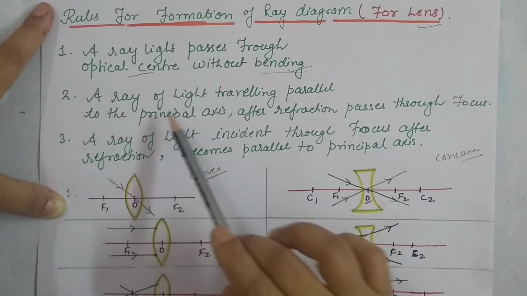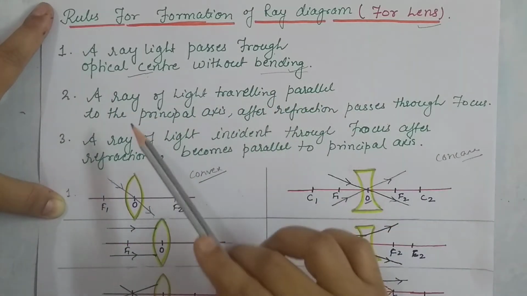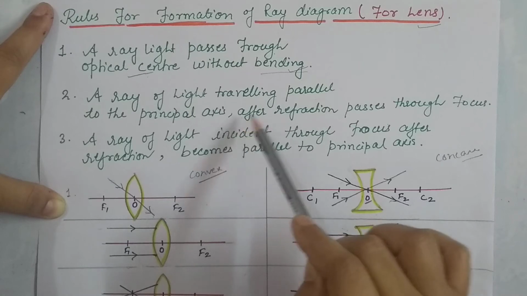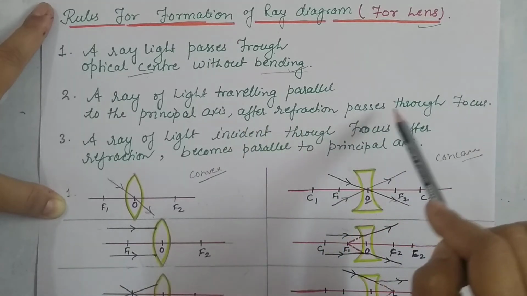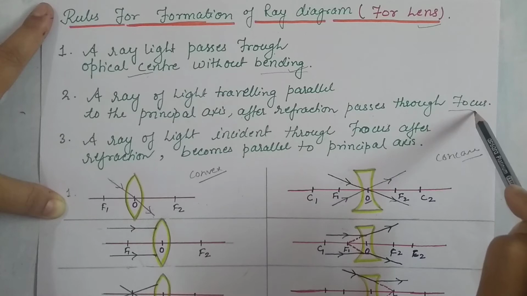Second rule: a ray of light traveling parallel to the principal axis, after refraction, will pass through the focus.